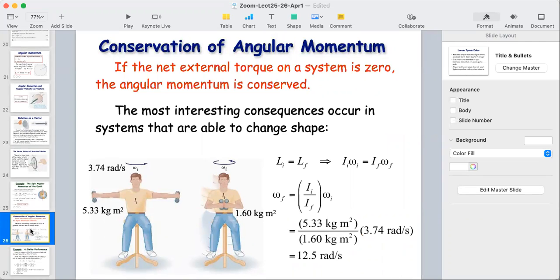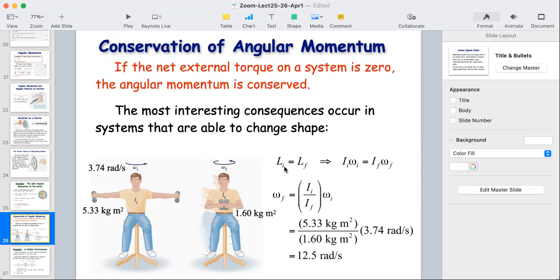Conservation of angular momentum. If the net external torque of a system is 0, remember, so the sum of all the torques acting on our object is 0, the angular momentum is conserved. The most interesting consequences occur in systems that are able to change shape. You see with this drawing here, but you can imagine also a ballerina spinning around with open arms, and then you see when she closes her arms.